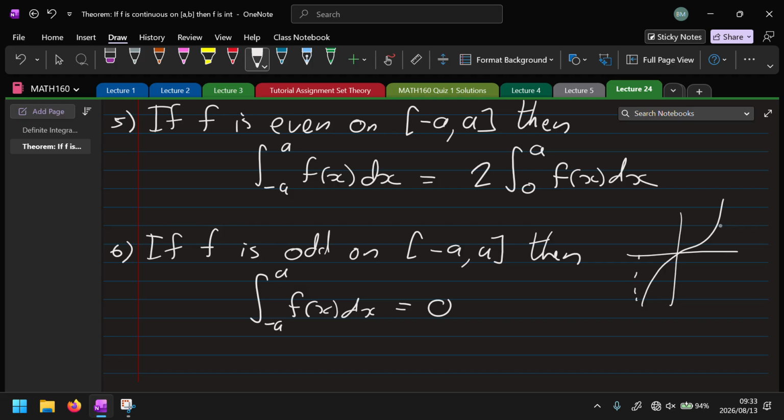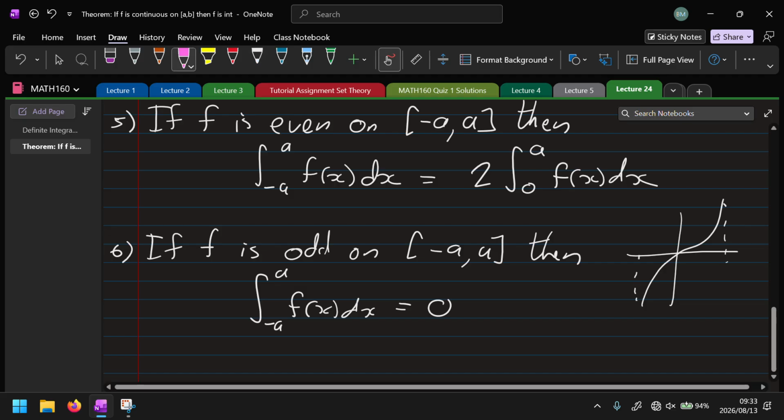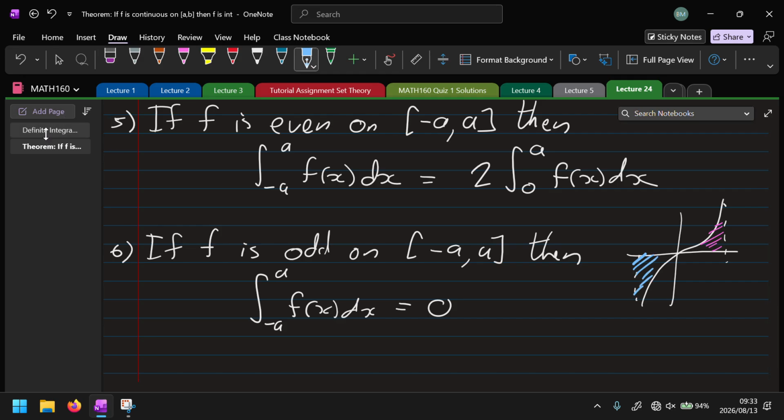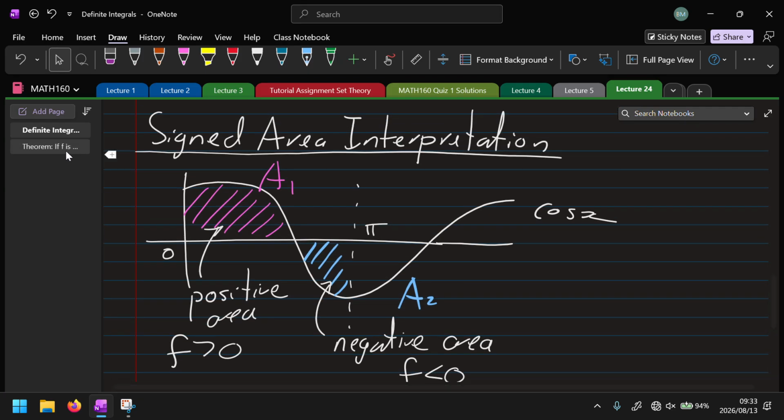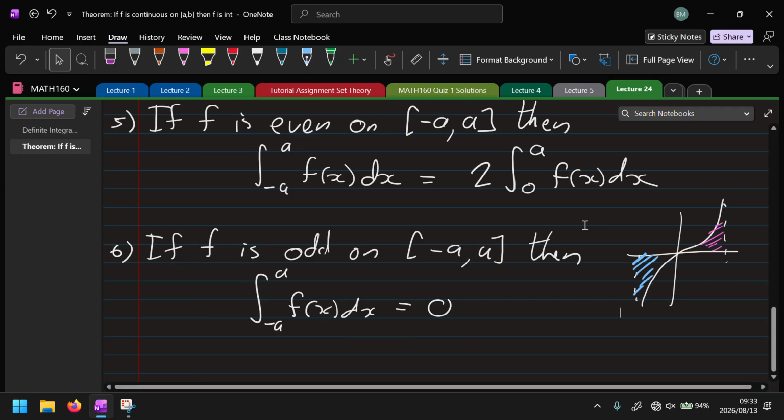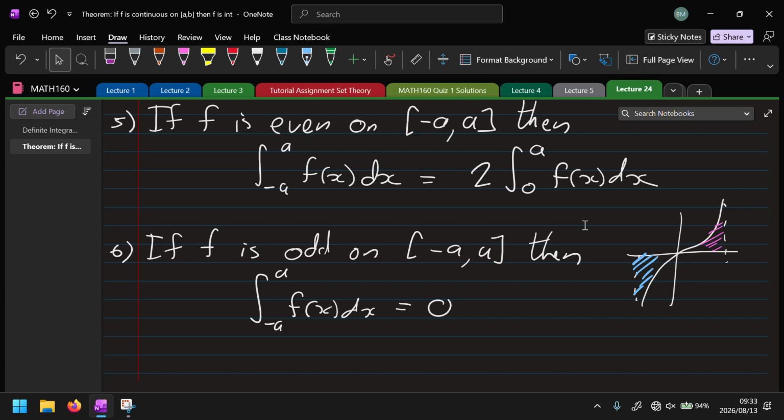So we can complete this picture here. Okay, so I think we used pink for positive before, did we? Yep. So on the right side, we have the pink area is positive a. On the left side, we have the blue area we said was negative a. So the net area is the sum of the two from what we had before.